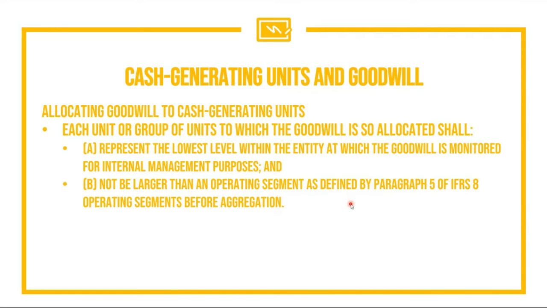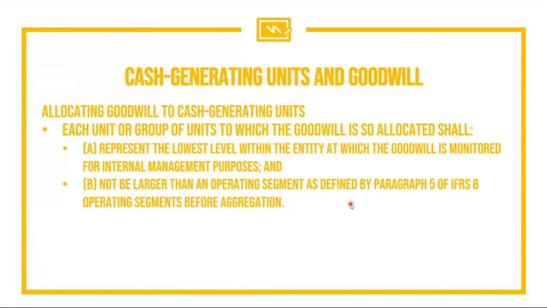If we are going to allocate the goodwill, we need to identify first all the cash generating units that benefit, or where the goodwill emanated from. Meaning, when we acquired the goodwill, which of the CGUs were actually involved in the acquisition of the goodwill.